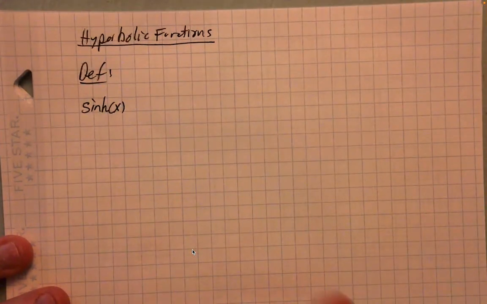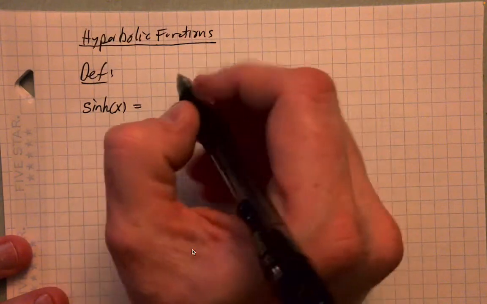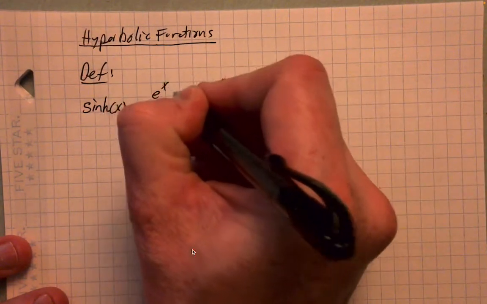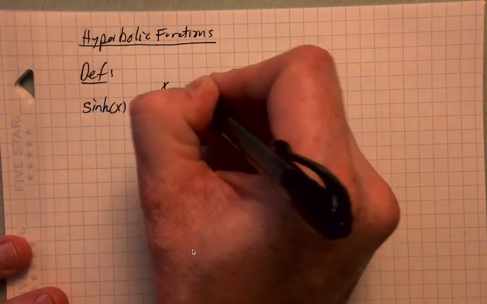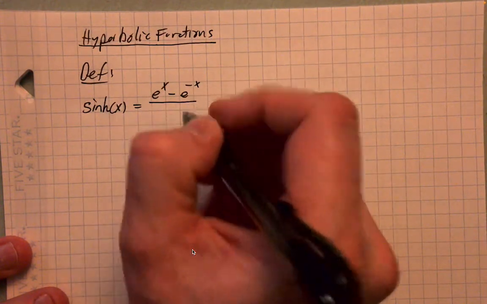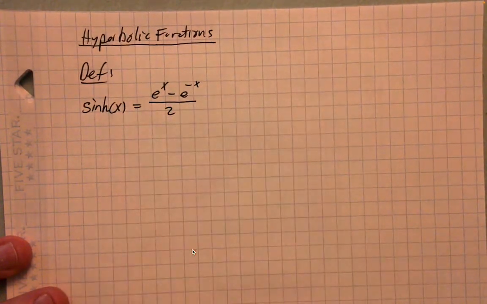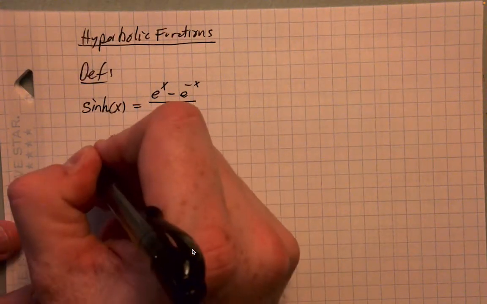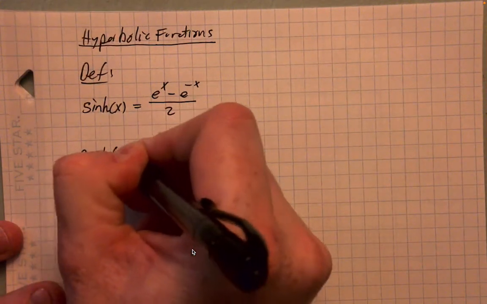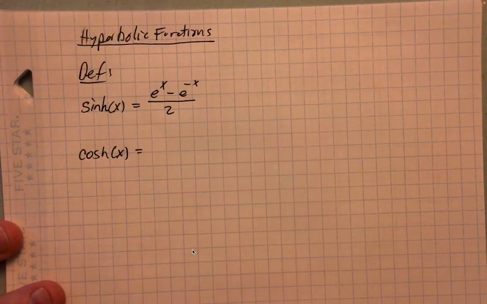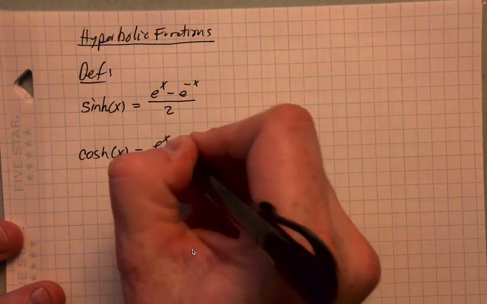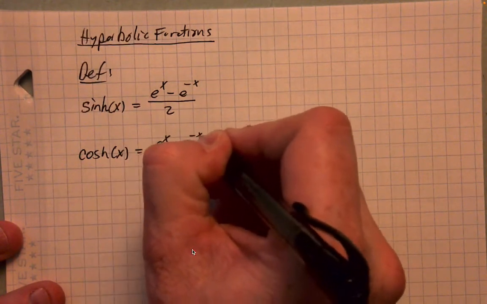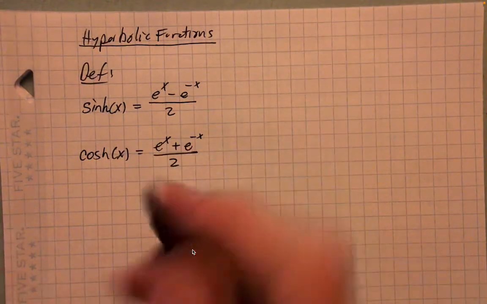The hyperbolic sine of x is defined to be e to the x minus e to the negative x, divided by 2. Similarly, we've got a hyperbolic cosine, and that's going to be real similar. It's going to be e to the x plus e to the negative x over 2.